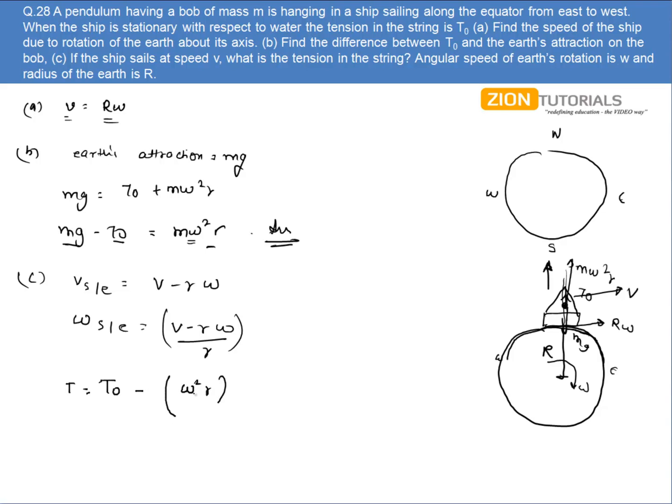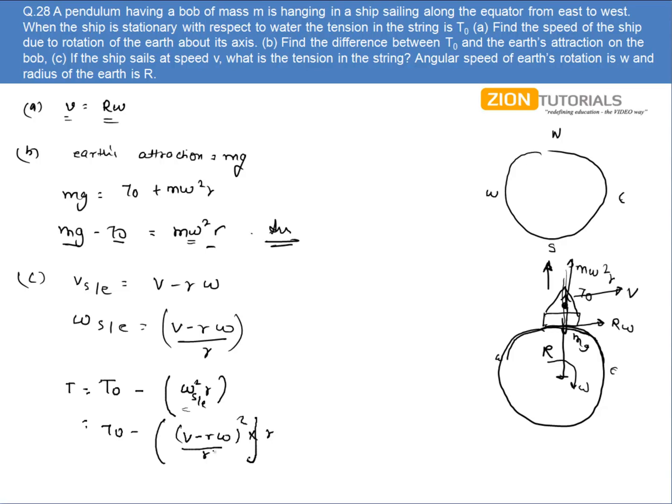I can write this way because now the speed of the ship is increased. Earlier it was rotating with the speed of the rotation of earth, now its speed is increased, so its centripetal force is increased, so the tension will decrease, and it will be decreased by this very amount.